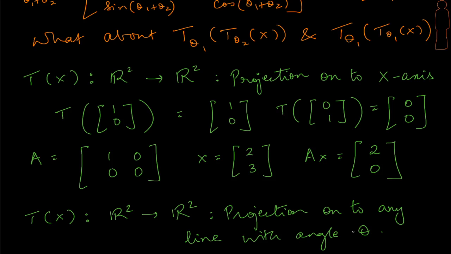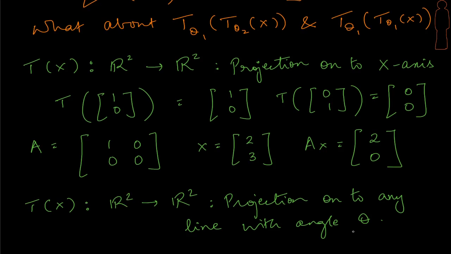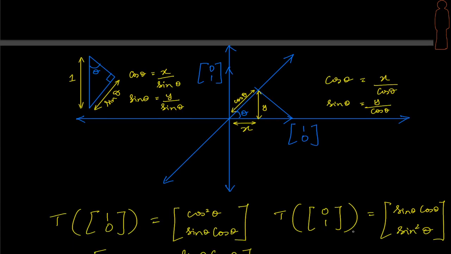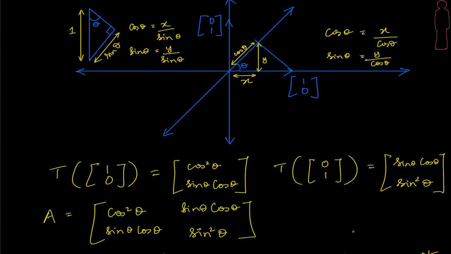Now let's take a look at the geometry of it in R2 and see how I figure out the transformation. So here is this diagram, and we will need a bit of trigonometry to understand this. This is my line onto which we want to project. Okay, what is the vector we want to project? The standard basis vectors. We want to project 1 0 and we want to project 0 1.